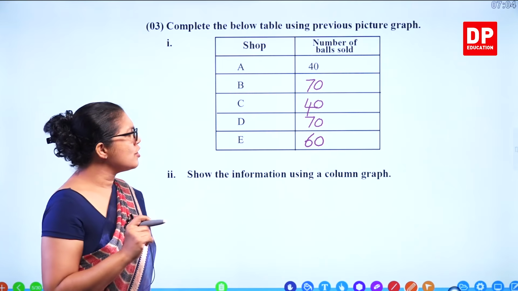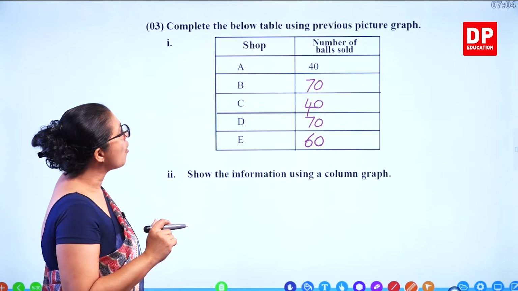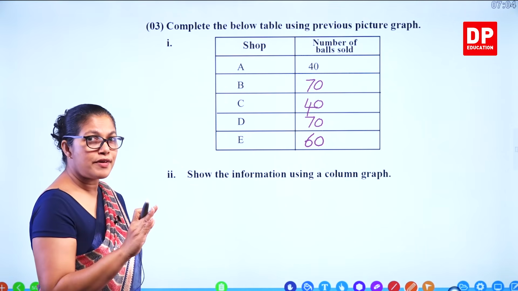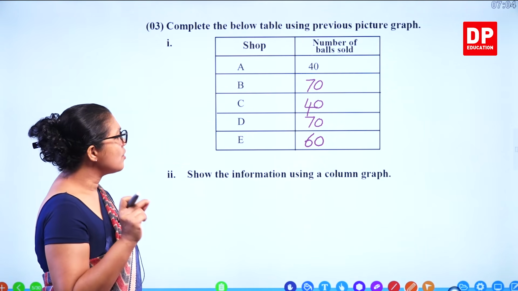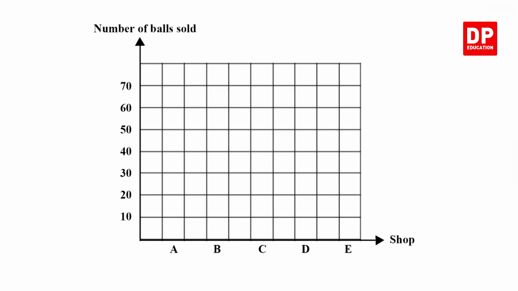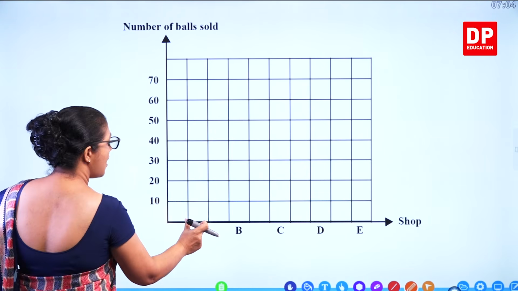Show the information using a column graph. So now we need to draw a column graph. That's another type of graph. You already know picture graphs, and today we are learning about column graphs. So number of balls and the shop. We need to take a bar.